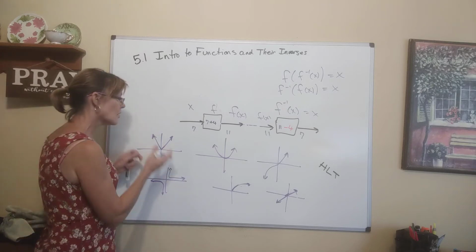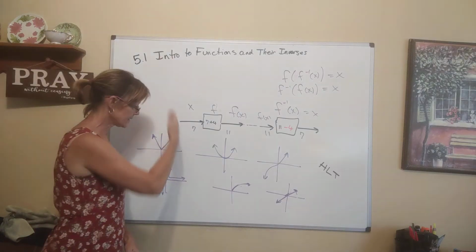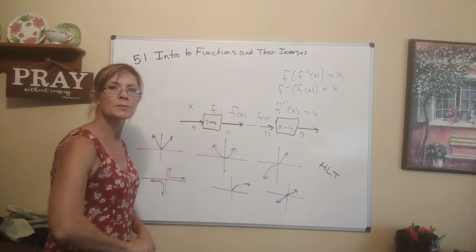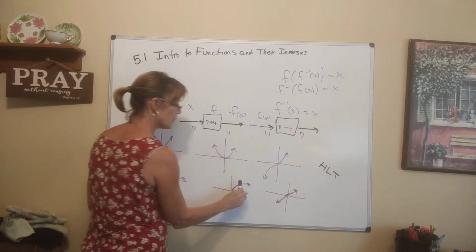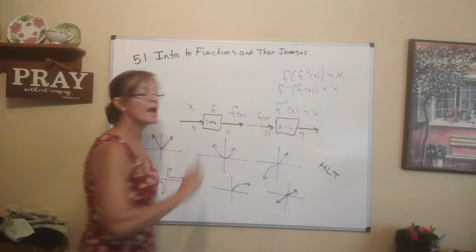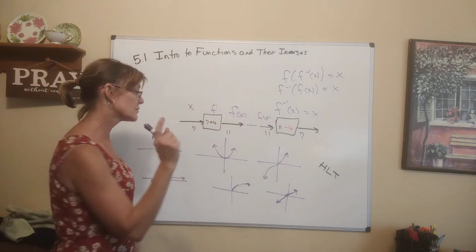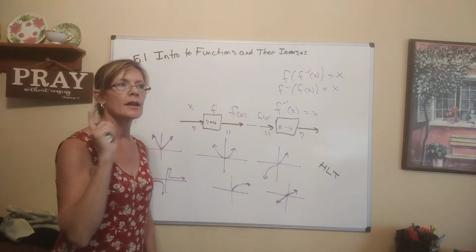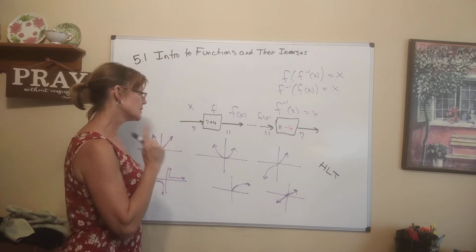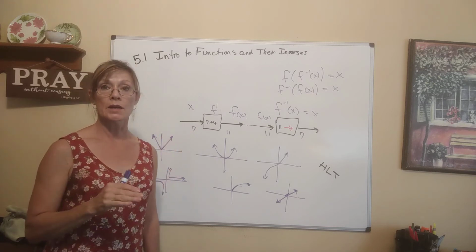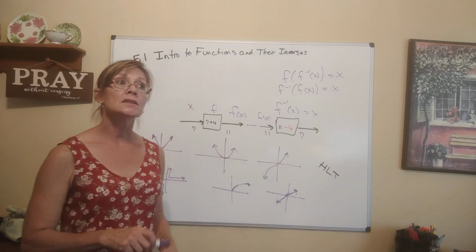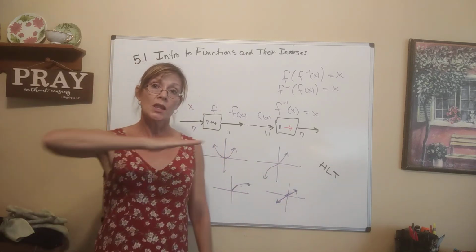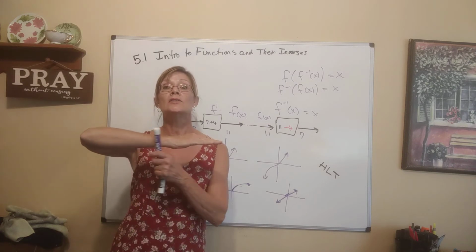Now, these are all functions. They all pass the vertical line test. I could pass a vertical line through every one of these and it would only hit one time. It would not hit more than once. That means it passes the vertical line test, so these are all functions. We already knew that. Now here's the real question. Does this pass the horizontal line test, which I'm abbreviating HLT, which means can you pass a horizontal line through it and only have it touch one place?